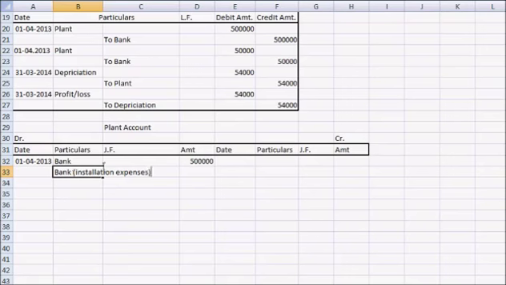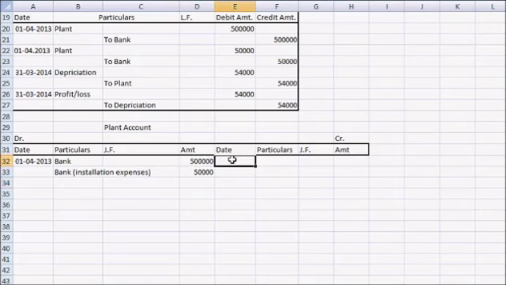The amount is 50,000, so it adds up to be 5,50,000. Or rather, we'll add it later. First we'll make the entries.